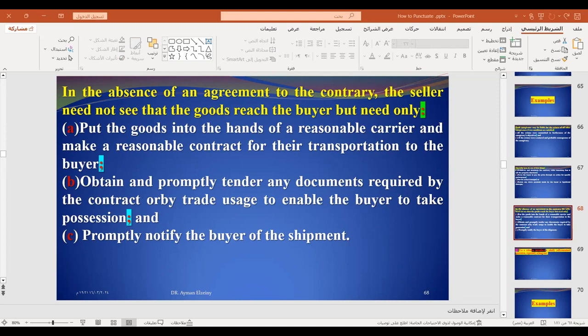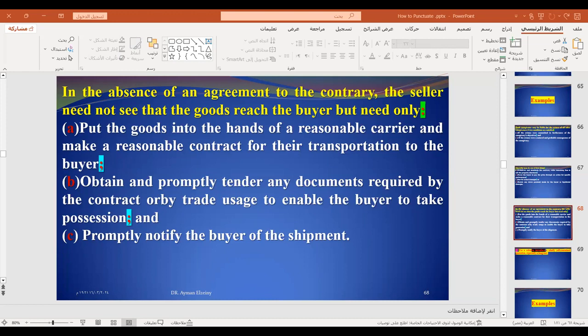Need only: put the goods into the hands of a reasonable carrier and make a reasonable contract for their transportation to the buyer.